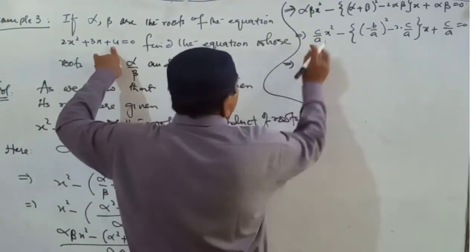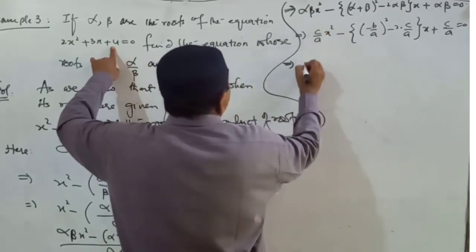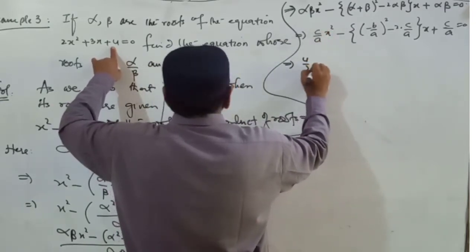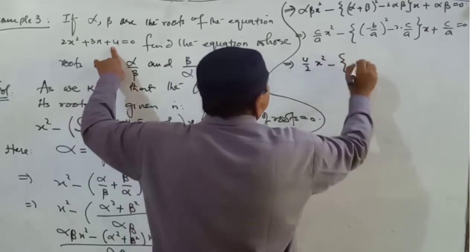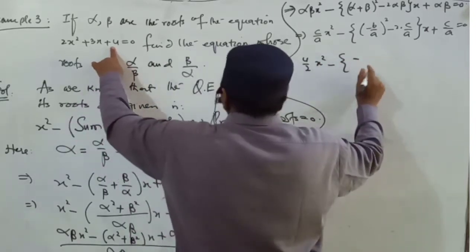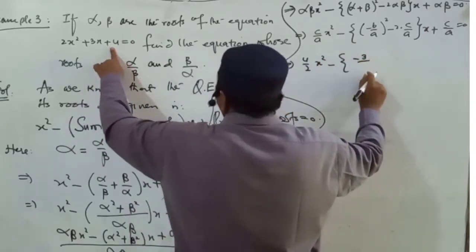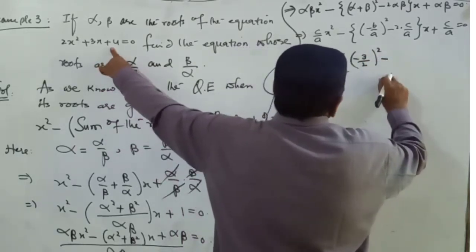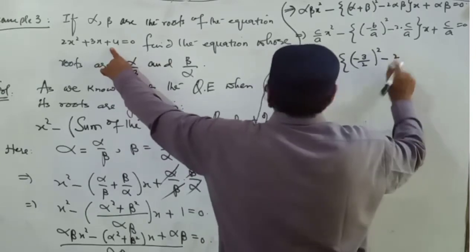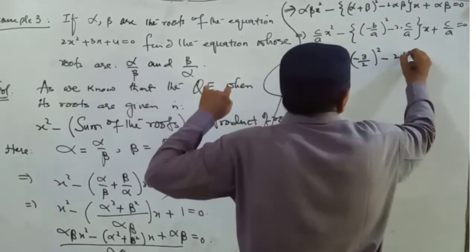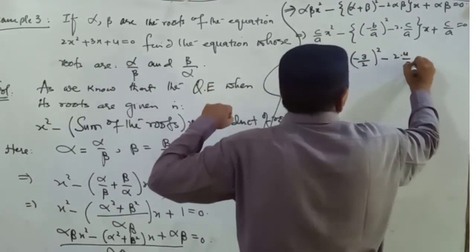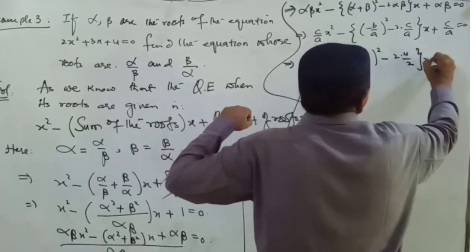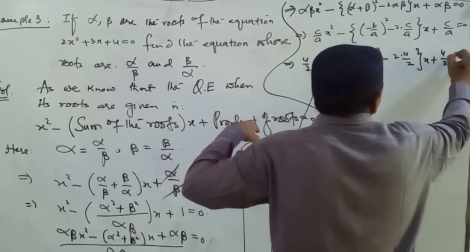After substituting the values, C upon A means 4 upon 2 x square minus (minus 3 upon 2 whole square minus 2 into 4 upon 2) x plus C upon A, 4 upon 2, is equal to 0.